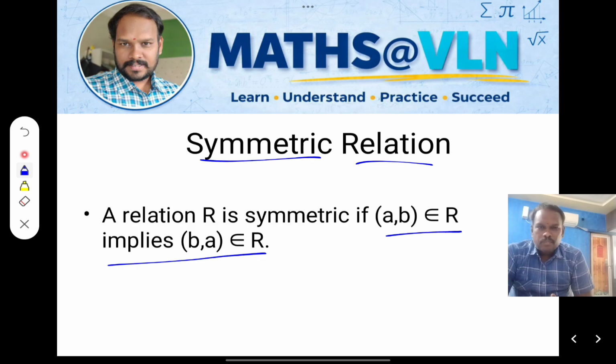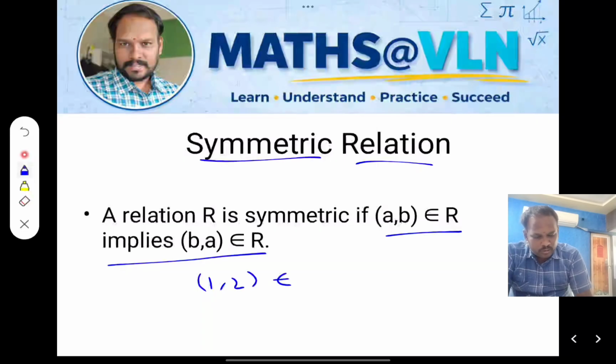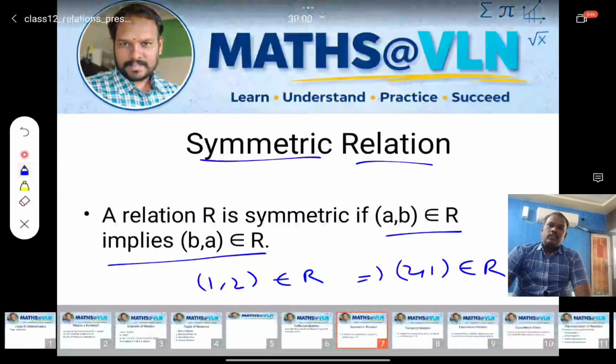In a reflexive relation, (a, a) belongs to R where a belongs to A. In a symmetric relation, if (a, b) belongs to R, then (b, a) also belongs to R. For example, if (1,2) belongs to R, that implies (2,1) also belongs to that relation, then only we call it a symmetric relation. Otherwise it is not symmetric.